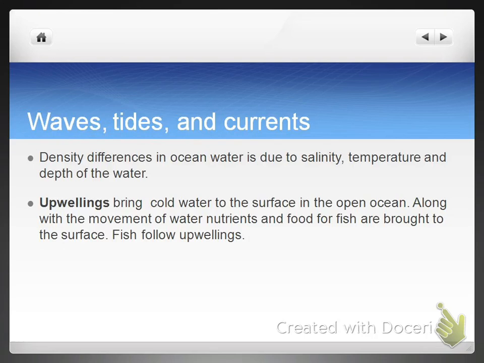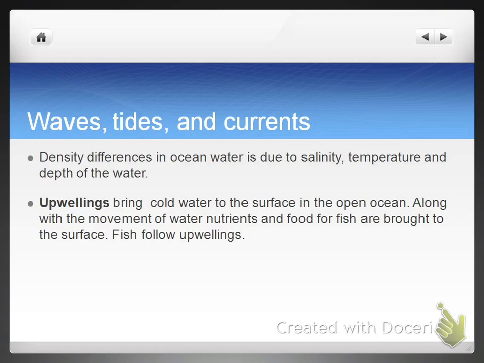So you're going to have these mass blooms of phytoplankton, and then you're going to have small fish and zooplankton all moving toward this phytoplankton bloom. And then if there's small fish there, it's going to bring larger fish and even larger fish. So upwellings are going to be areas which are great for fishermen.